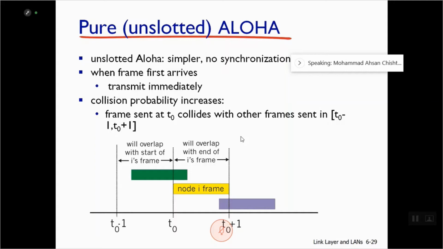There are two things that can happen. Either it can experience a collision, or it can have a successful transmission. If the node experiences a collision, the node would immediately retransmit the frame with the probability of P.